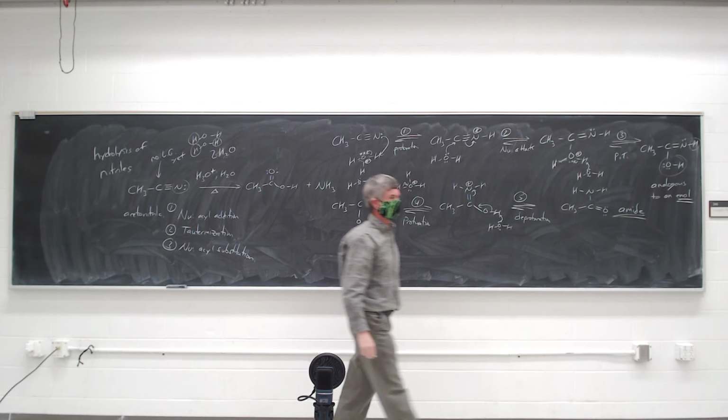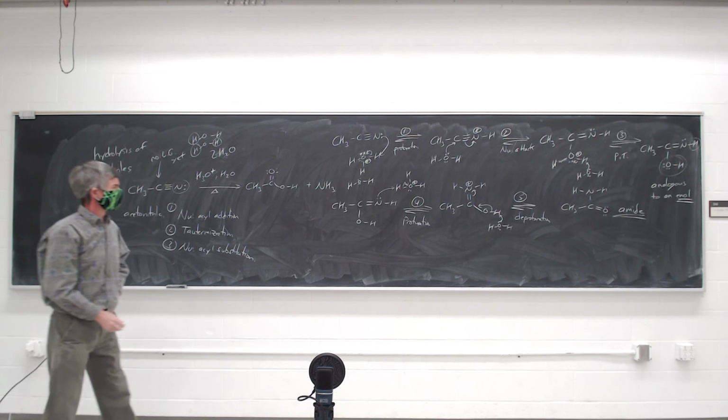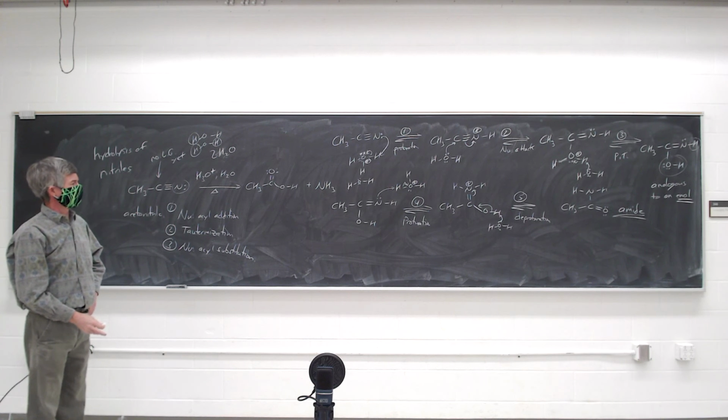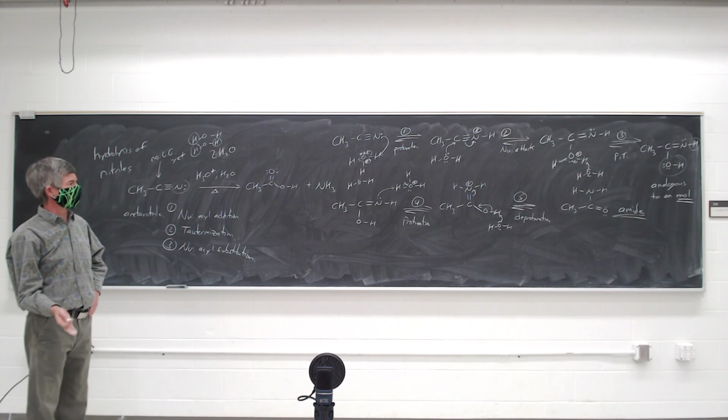And we've just generated an amide. So that was a keto-enol tautomerization, except that it was a carbon-nitrogen double bond instead of a carbon-carbon double bond.